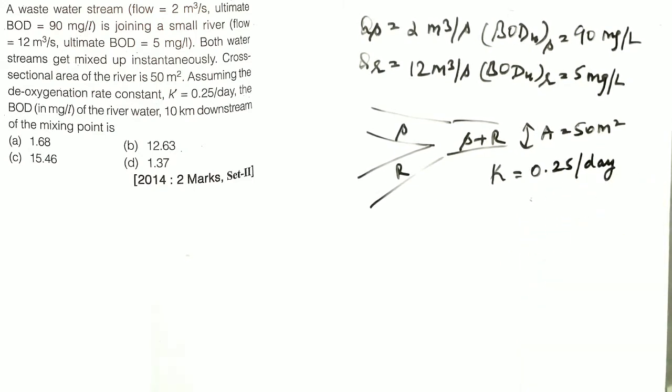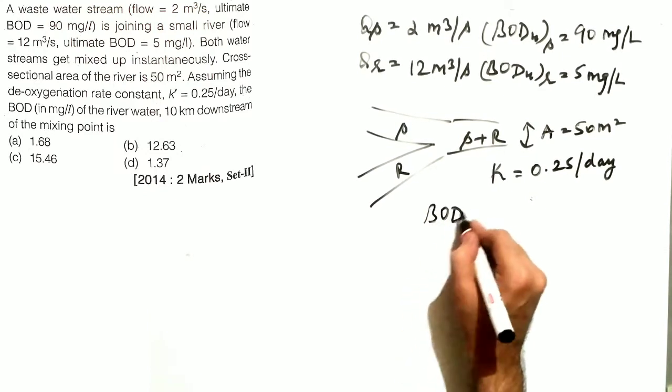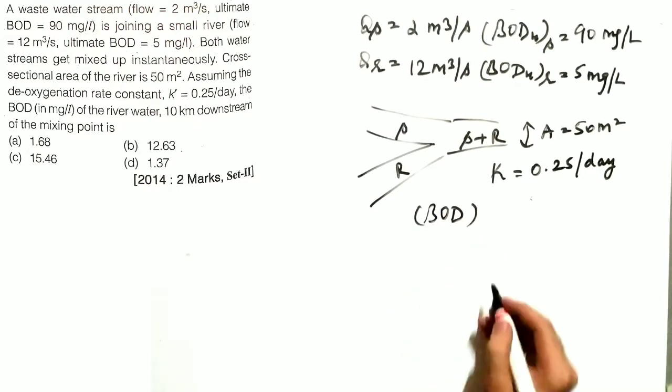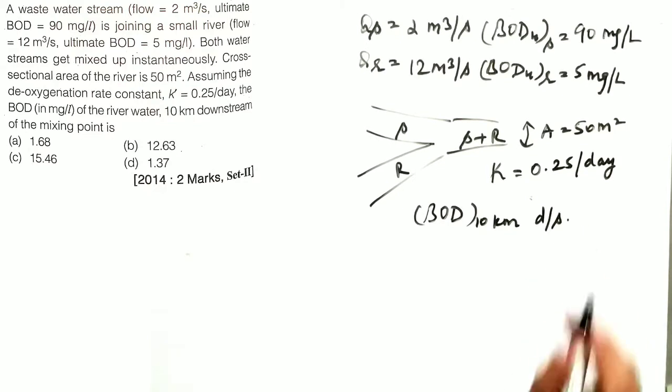The question asks you to calculate the BOD of river water at the 10 kilometer downstream section.